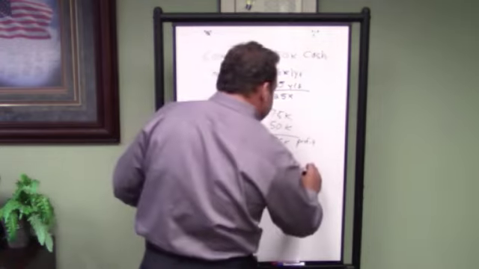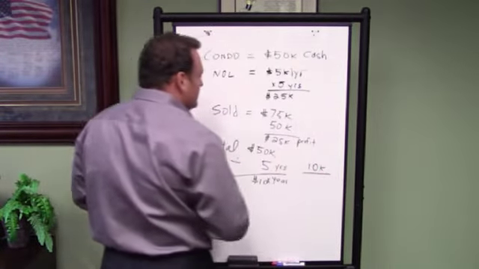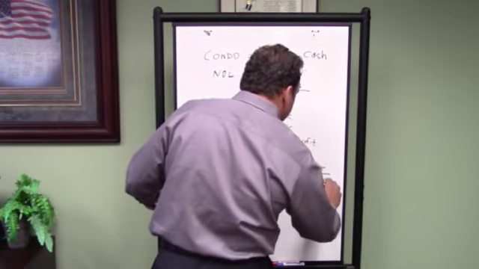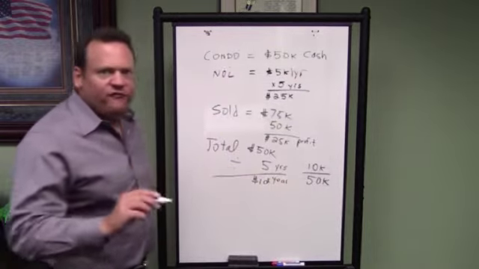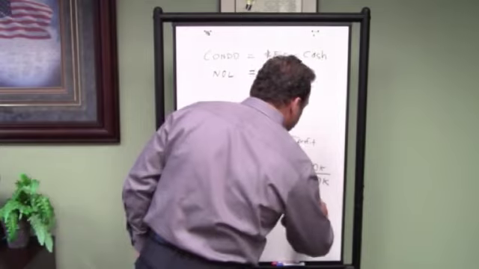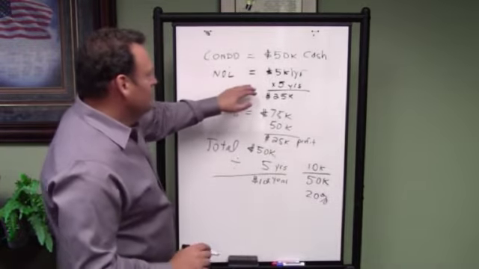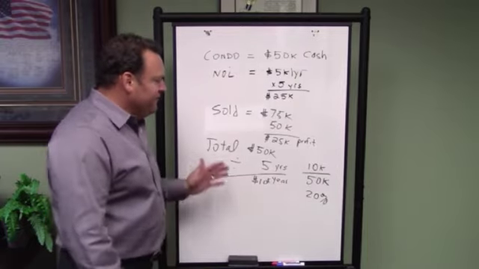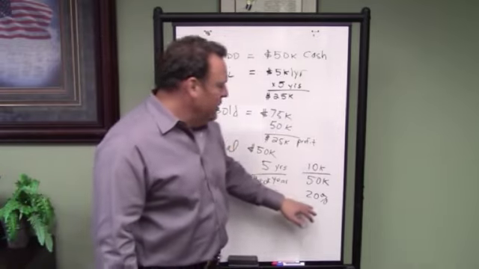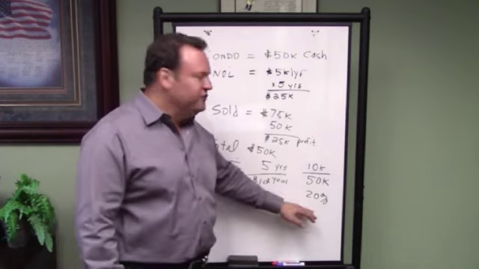Now we take the $10,000 a year and divide it by our initial investment of $50,000, and what was our average rate of return? 20%. So the cap rate initially was 10%, but after 5 years, since we sold it for a profit, we calculated that back in, we ended up with an average rate of return for the last 5 years of 20%.